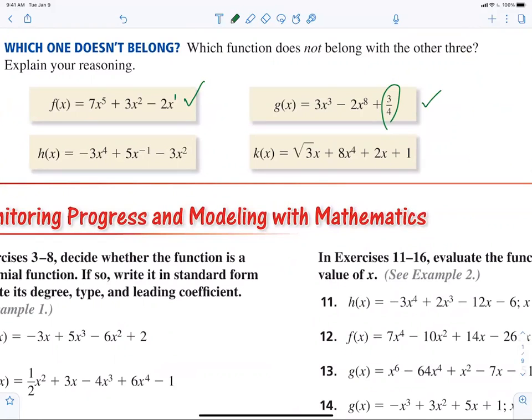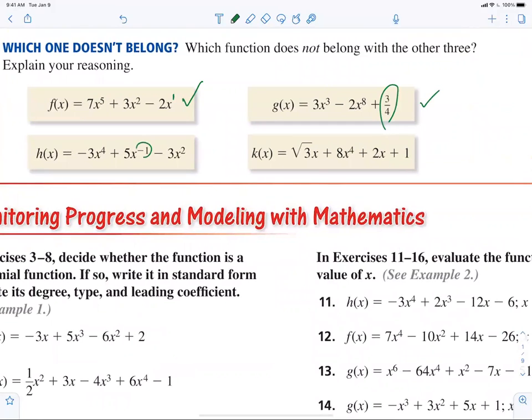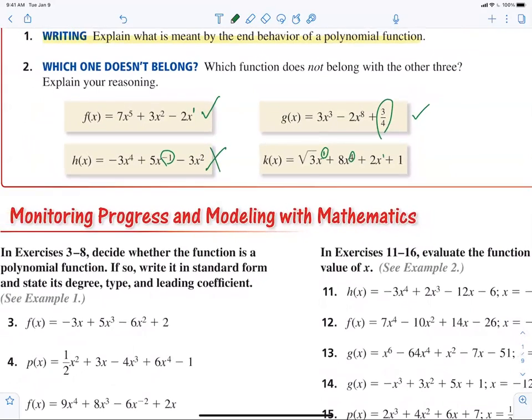No, because it has x to the -1. That's how simple. So h is not considered a polynomial. What about k? Yes, it is a polynomial because all of the exponents are whole numbers. Anybody have any questions?